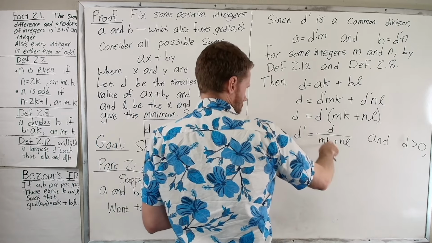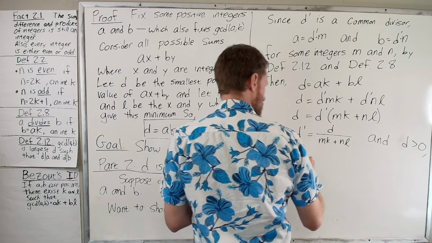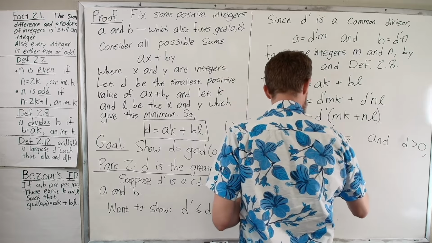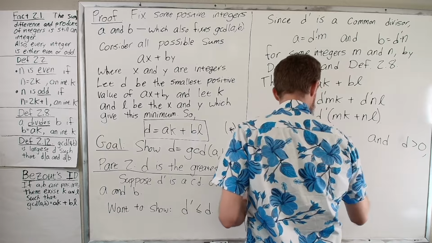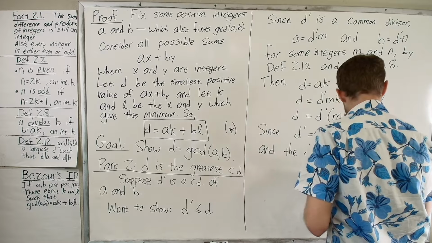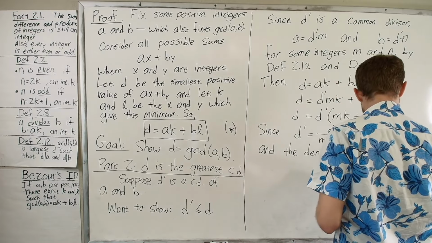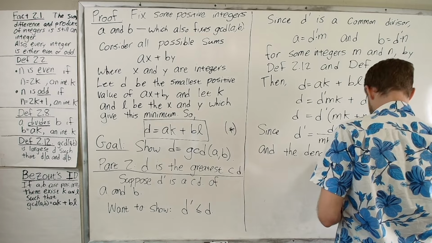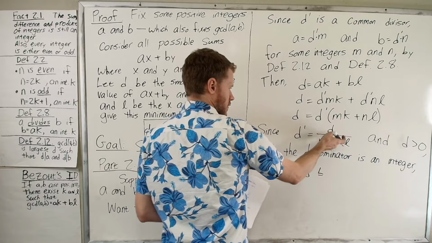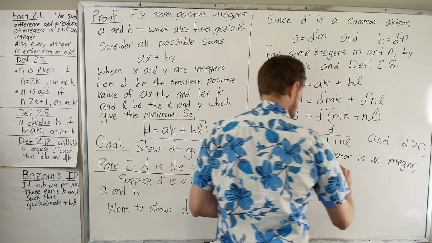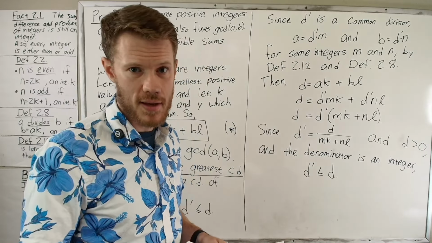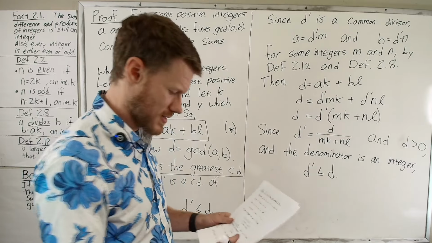So since d equals this, and d is bigger than 0, and the denominator is an integer, that tells us that d prime, by dividing out this thing, you're only making it smaller. Or the same size. The bottom could be equal to 1, in which case you're not making it smaller, but you're definitely not increasing it.